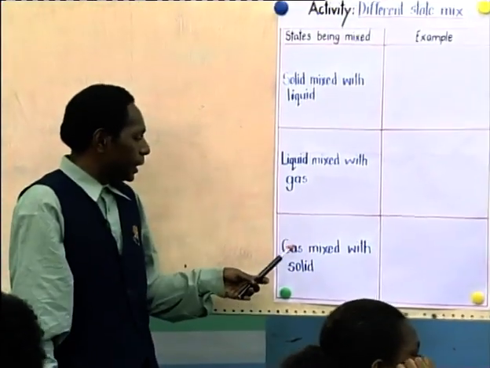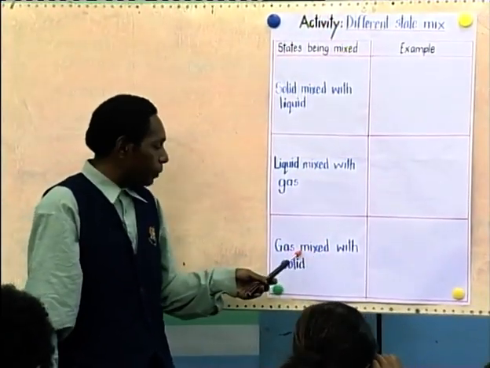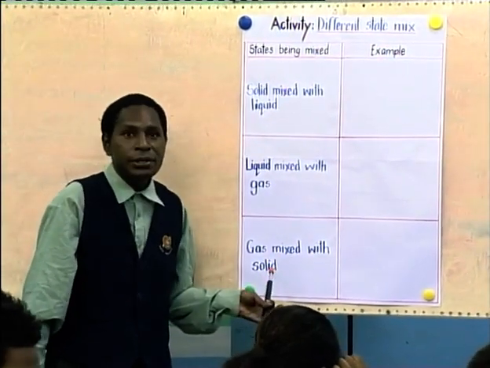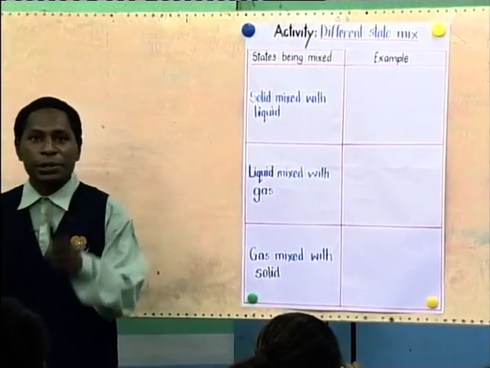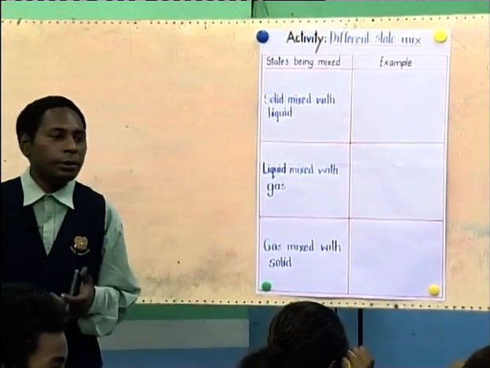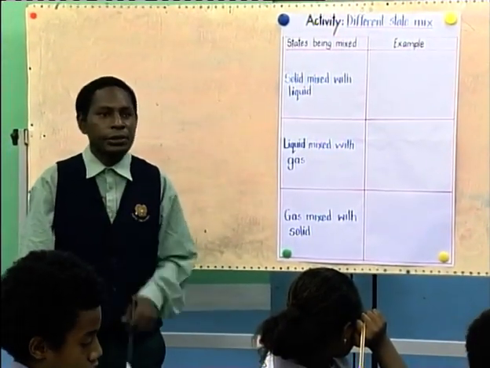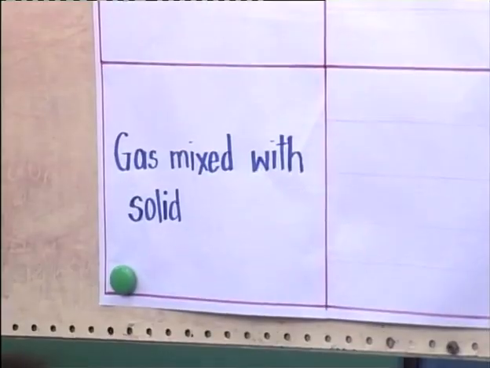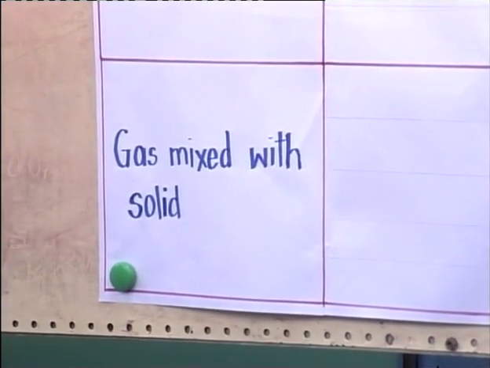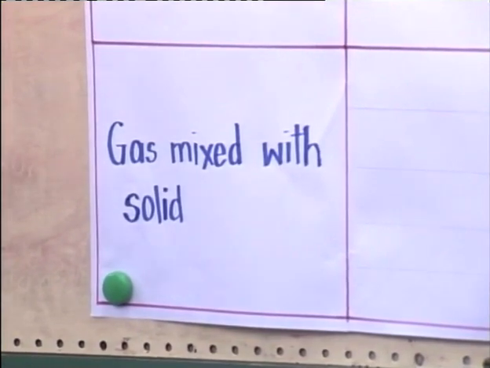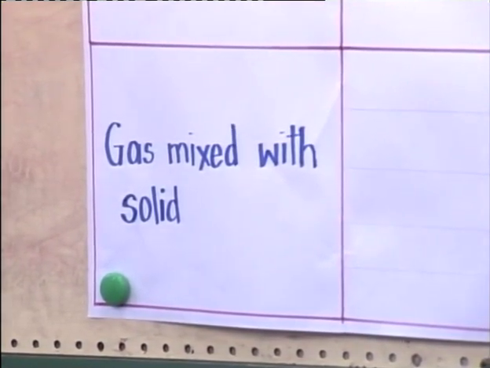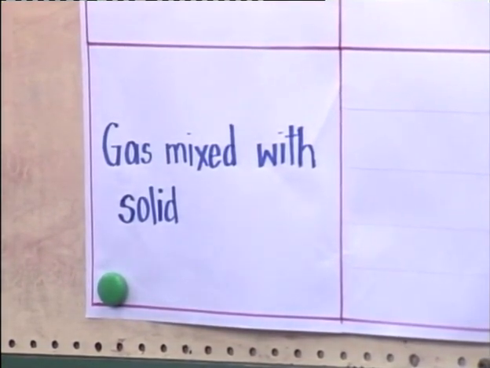Receiving students, you go up to the blackboard and write down an example. Your teacher will choose you. Class, what was the example that we looked at? Gas mixed with a solid.